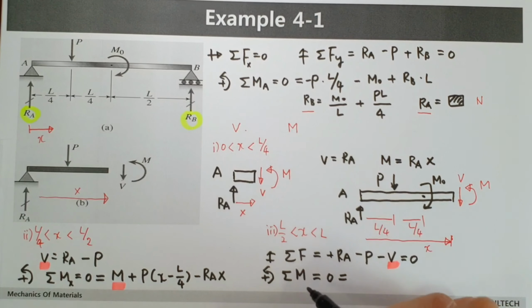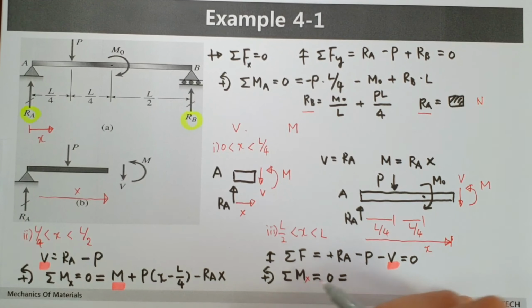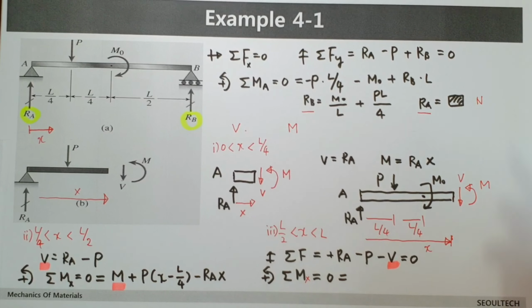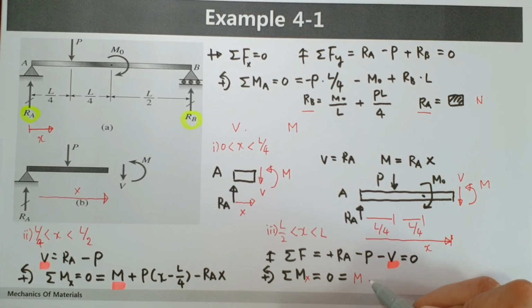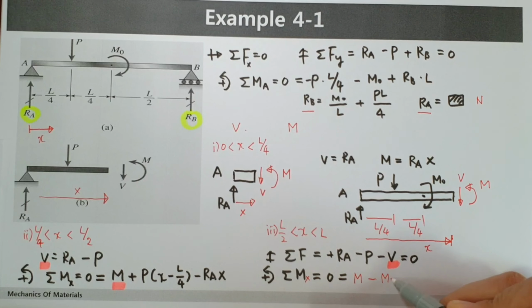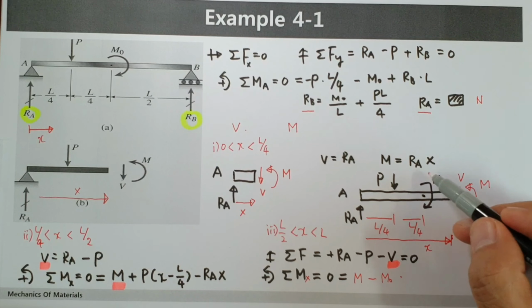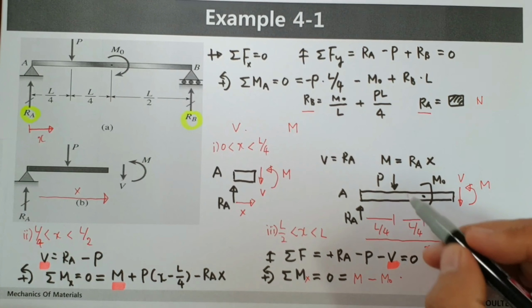Let's say this position, point X, is considered. At this point, the X point is considered. Then moment M is positive and V is deleted, and minus M, equals 0. And let's consider this one.